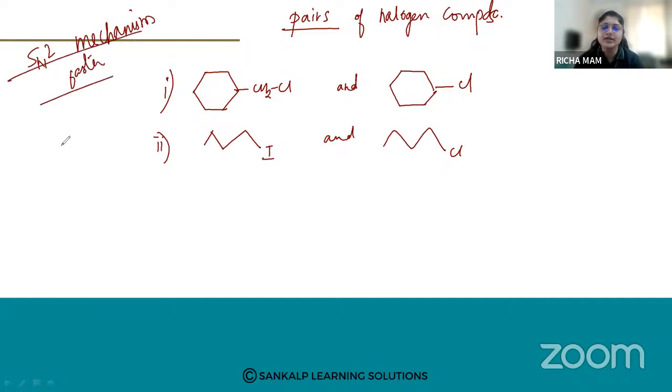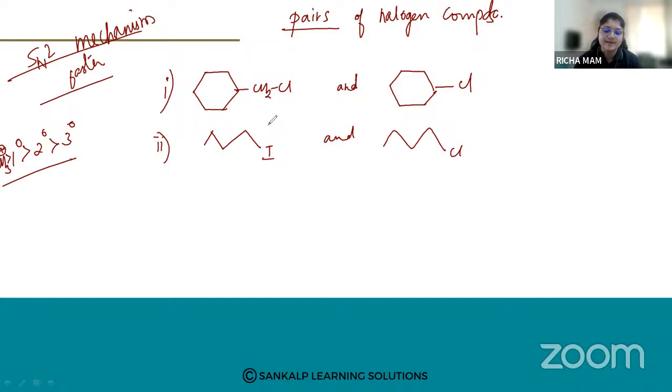So for SN2 mechanism, what is the criteria? Primary alkyl halides are more reactive than secondary and then tertiary. So this is the condition you have to see, apply and put here.